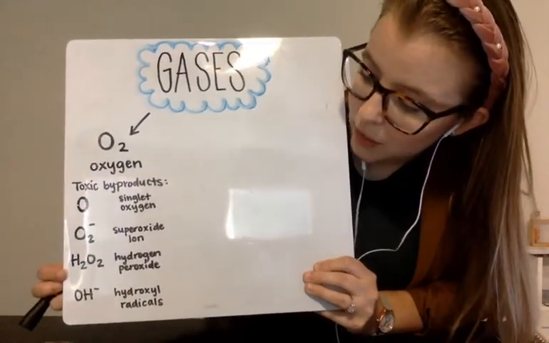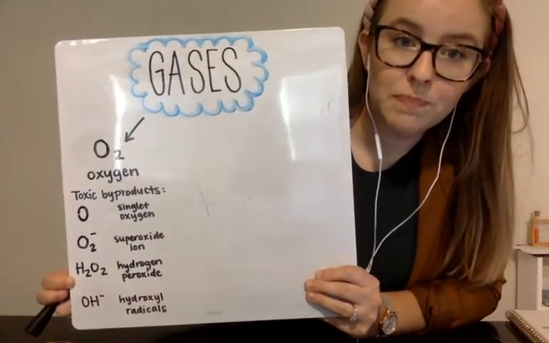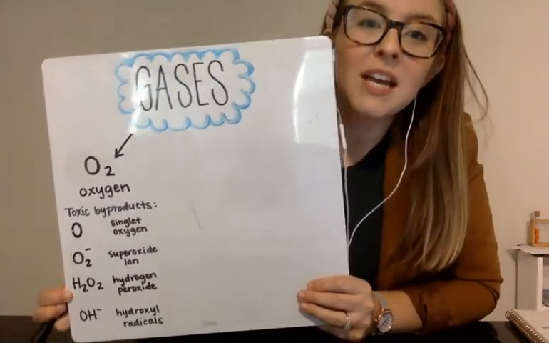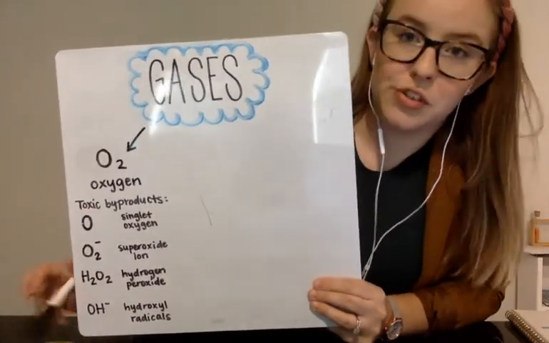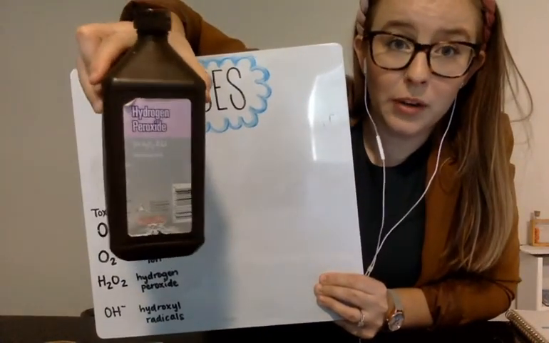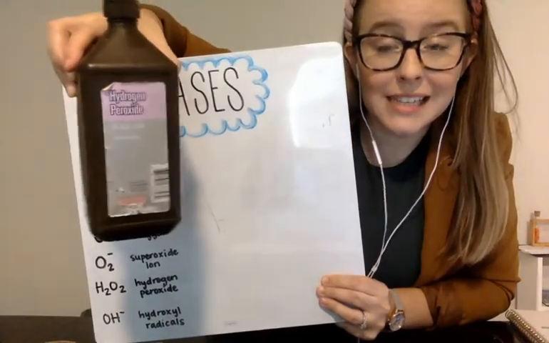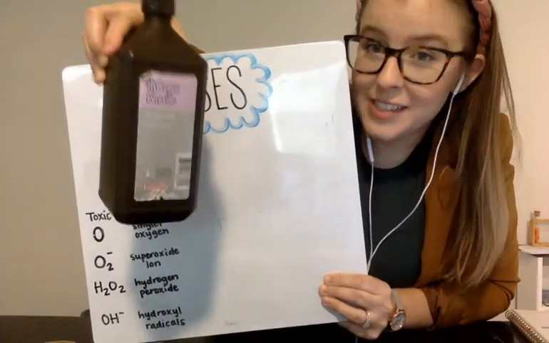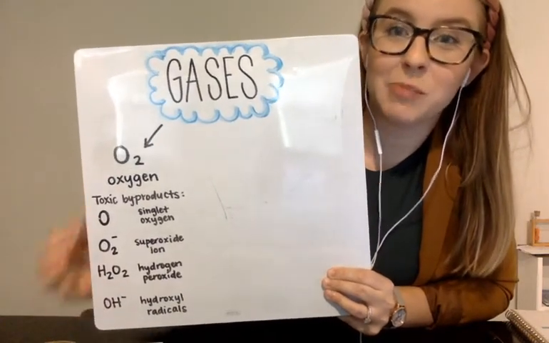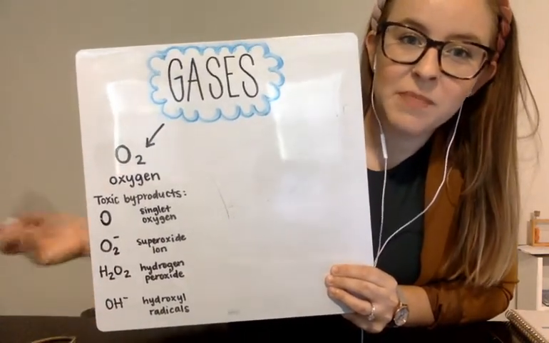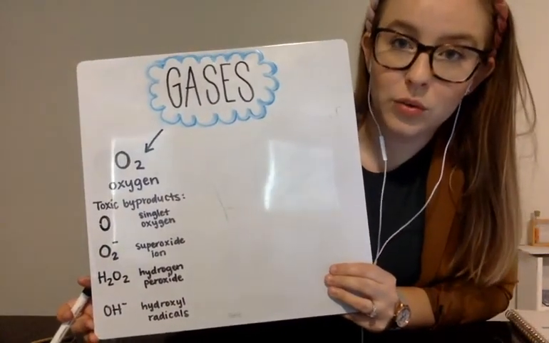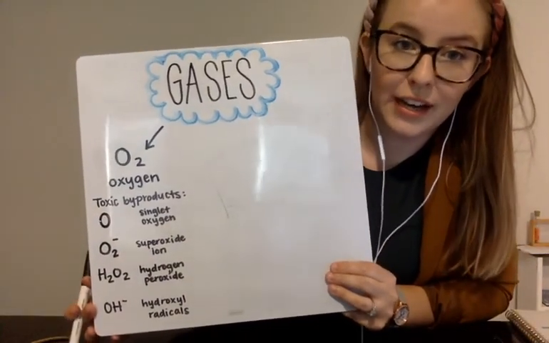Another toxic byproduct is H2O2, not to be confused with H2O, which is just water. H2O2 is hydrogen peroxide, which you've probably seen in brown bottles, and it can be used as an antiseptic. That will make more sense when we go through how these toxic byproducts play a role in cells. So hydrogen peroxide, and finally we have the hydroxyl radicals, shown as OH negative.